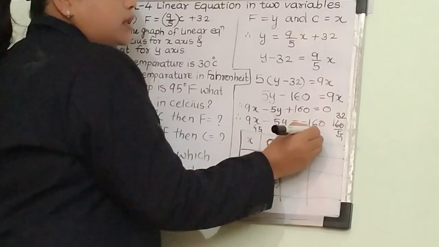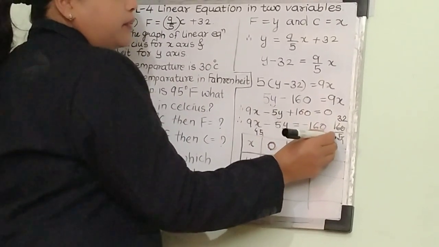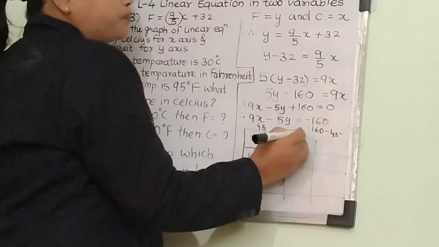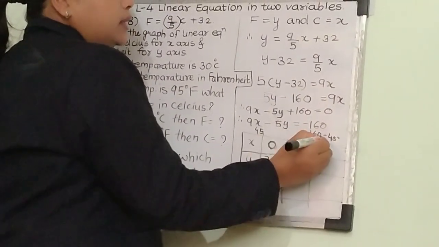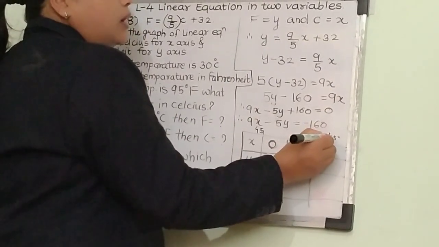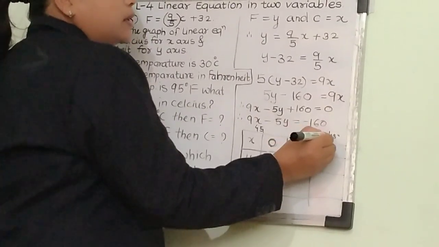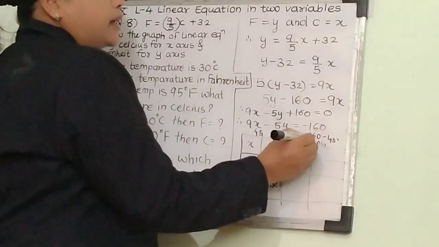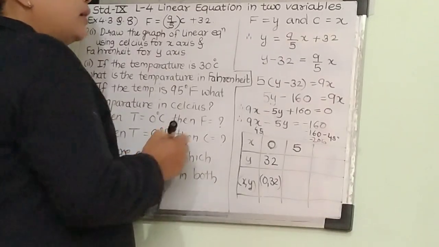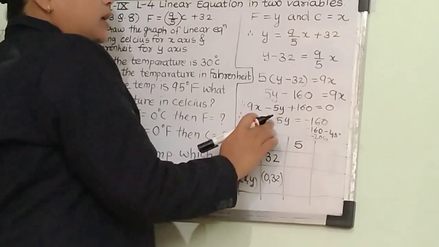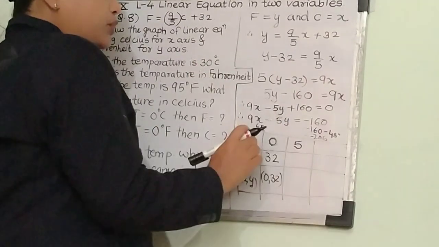So minus 160 minus 45, you will get minus 205 equals minus 5y. Again the minus sign will be removed.